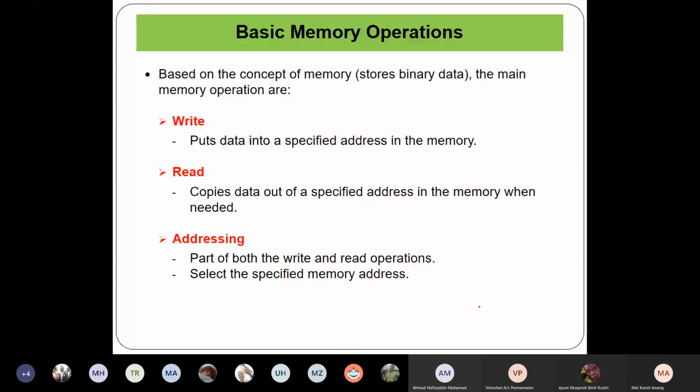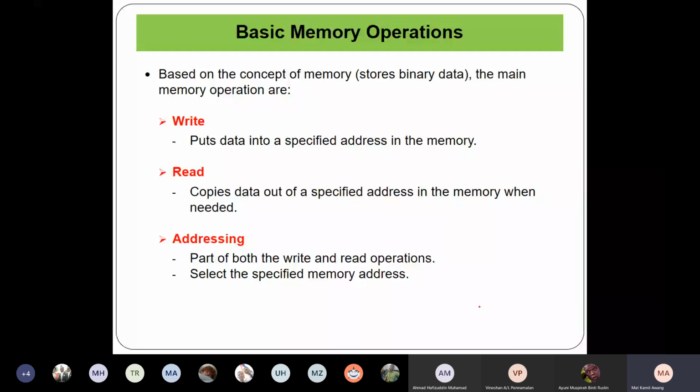And second, you need to read the data from that storage in order for you to use it. You are not just going to store the data and forget about it, because you store it with the intention to use that data later. So you have to be able to read that data out of the memory.